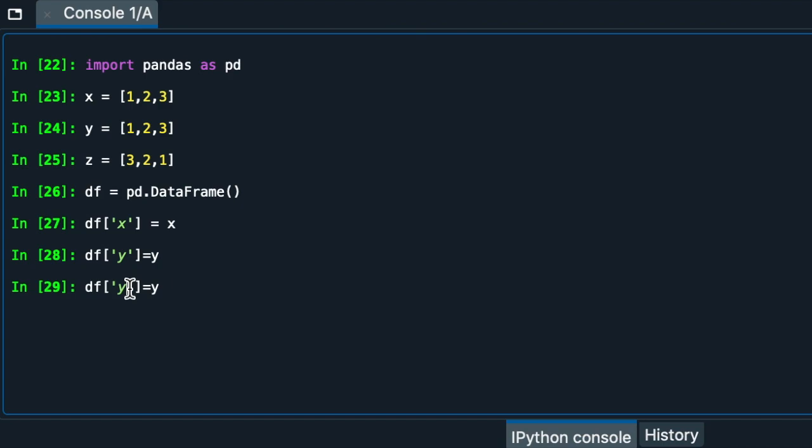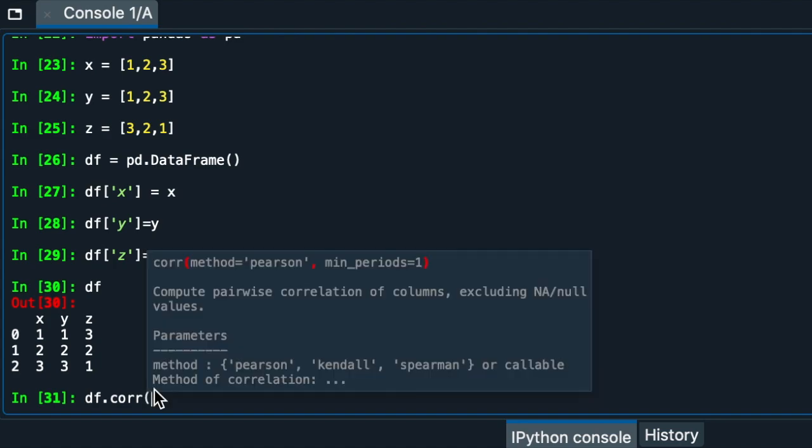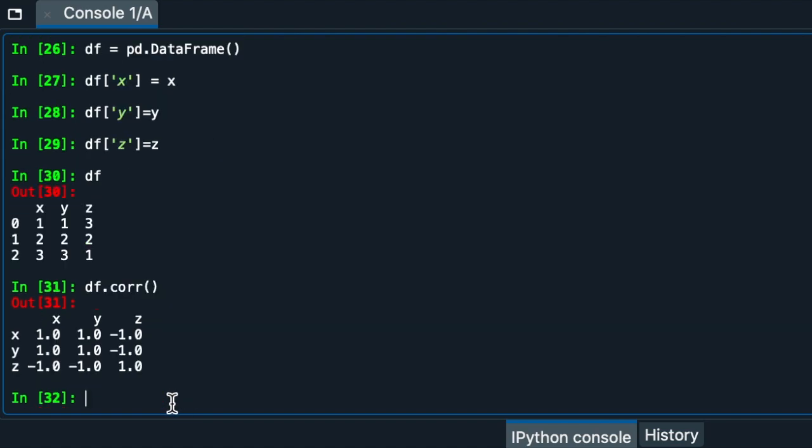Now if I type in df, you can see I've got all of my data in there. And then all that's left to do is use the Pandas function for correlation matrices, corr, and then just open parentheses. And so here are the correlation coefficients.